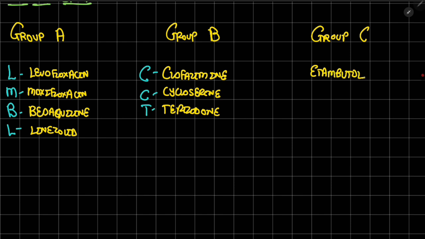For group C, we do not have such a mnemonic, but to remember the main drugs, ethambutol is one of the main drugs which comes under group C. Then we have streptomycin. We also have pyrazinamide. Then we have ethionamide.